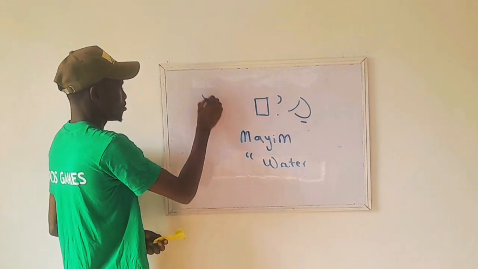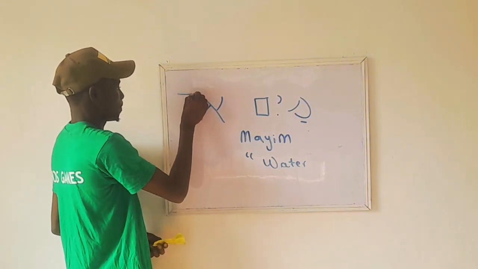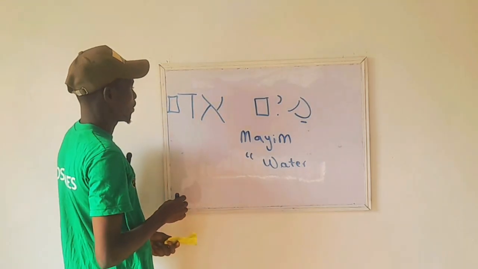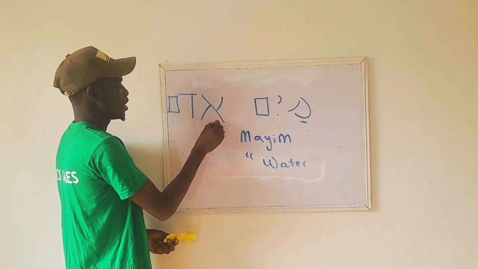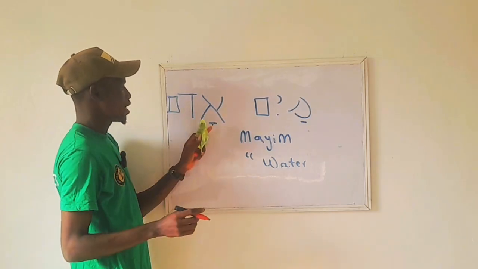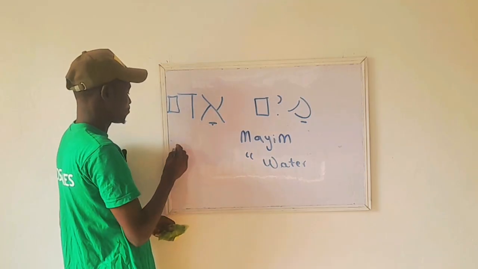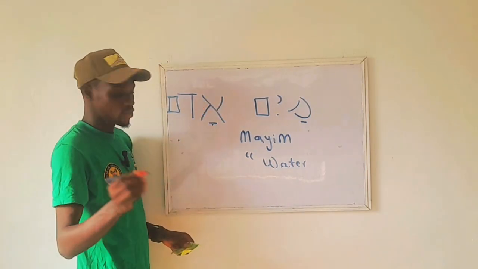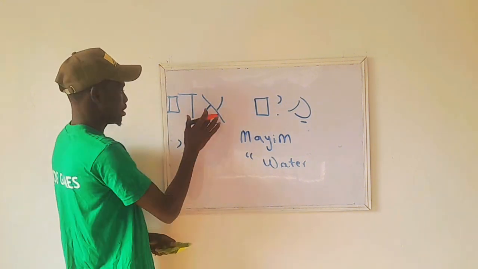So let me quickly write these two like that. Okay, so we have the same M here. Now remember that this one is silent, but then we have our A here under it, our long A here. Now this one is silent. How do we write it? We write like an apostrophe to the right. Am I correct?